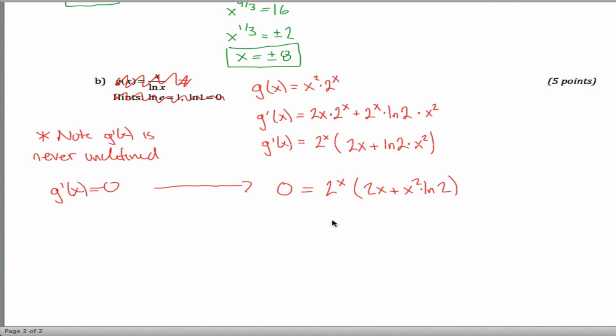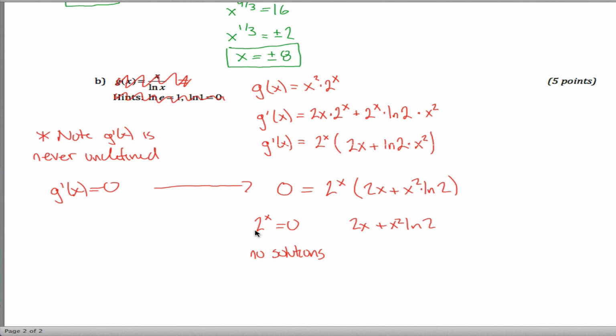Something times something. The only way this times this can equal 0 is if this thing's 0 or if this thing's 0. 2 to the x equals 0, or 2x plus x squared natural log of 2 equals 0. This is never 0. No solutions.